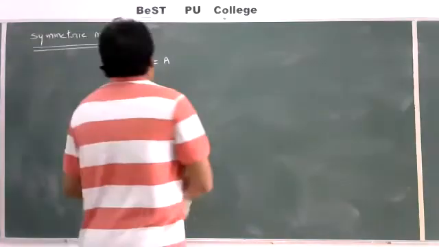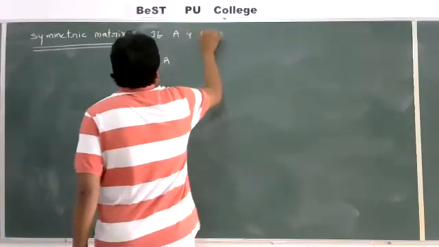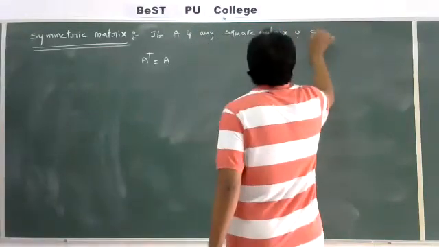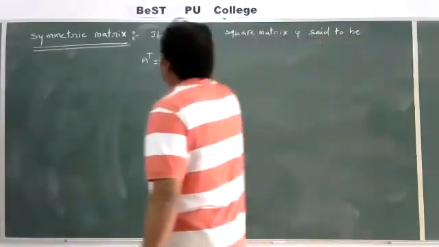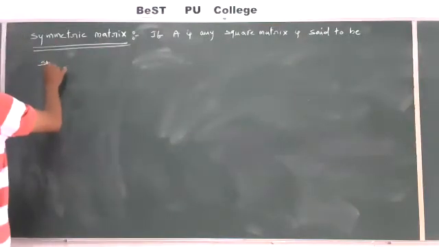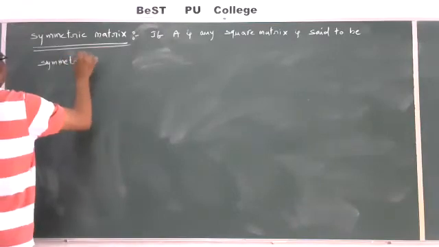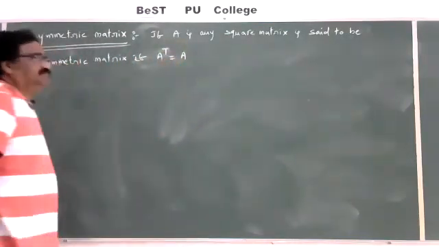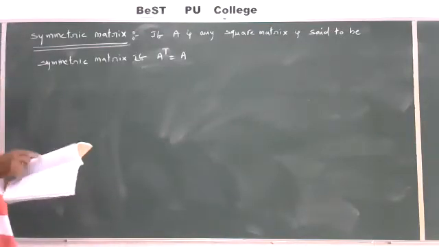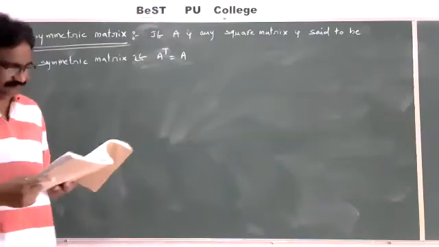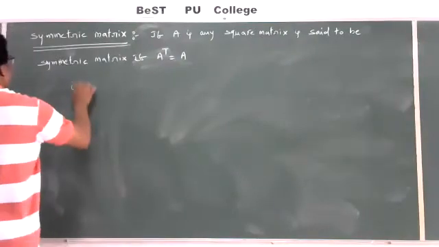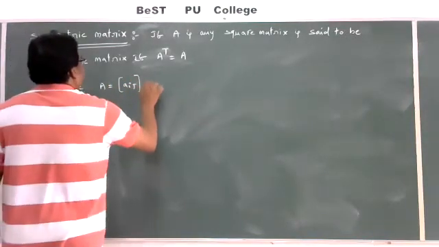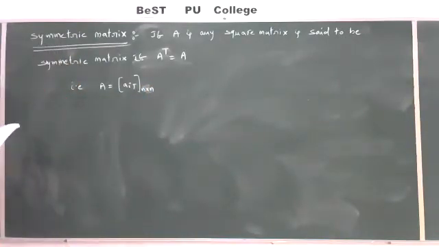Then we say that the matrix A is called a symmetric matrix. Write the definition. If capital A is any square matrix, it is said to be symmetric matrix if A transpose is equal to A. That is, A is equal to Aij, n by n matrix.